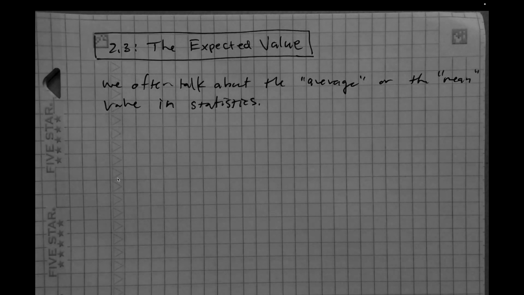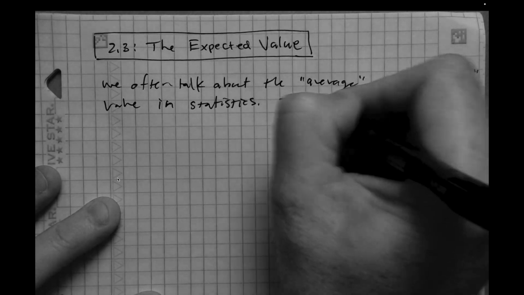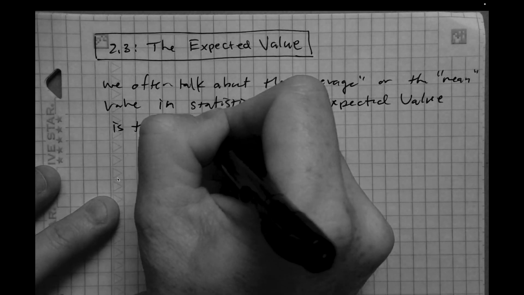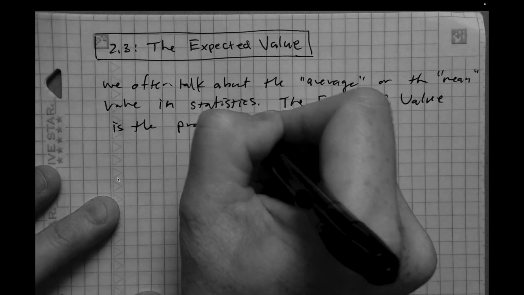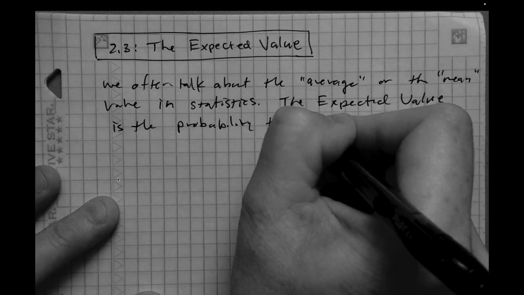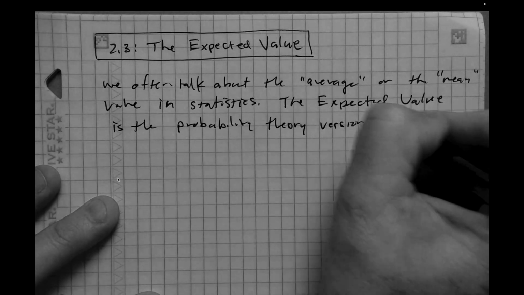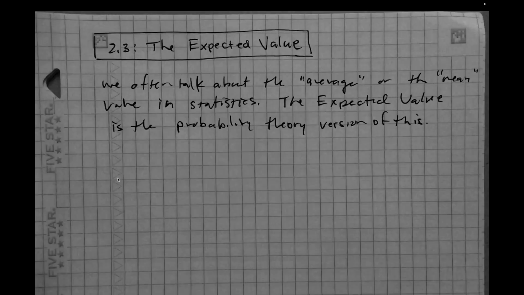Now, the counterpart to this concept in the probability theory world is what we call the expected value. So the expected value is the probability theory version of this.